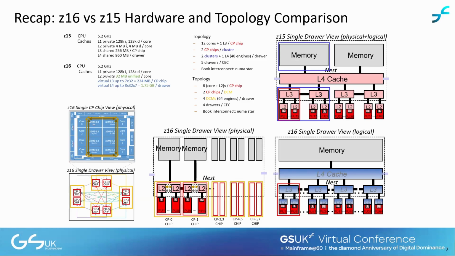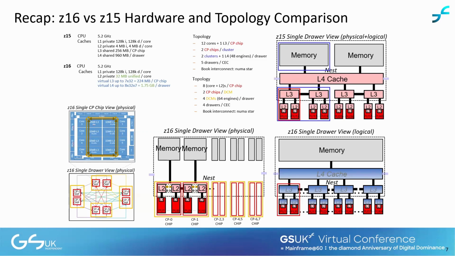We have pretty much just cores, and then these level 2 caches that are paired or mated 1-to-1 with each of the cores. And then each of those level 2s on a chip has this bi-directional bus that communicates between those 8 level 2s on the chip. And then the chips themselves are bonded in pairs, forming these DCMs.